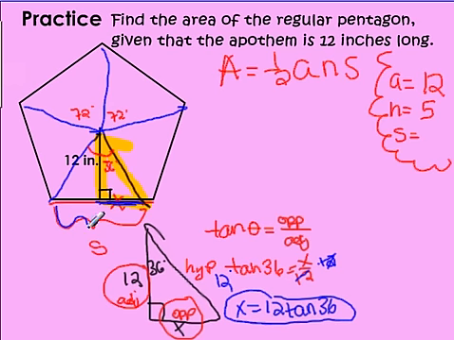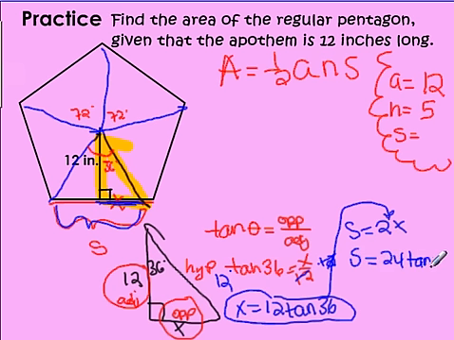If I want to find out what my side length is, we already said that our side length is equal to 2 times x, which means the side length that we're looking to find will be equal to 24 tangent 36. This is your exact measure for the side length, and it's best to use or to calculate the area of your polygons with the exact measures up until the very end so you can have a more precise calculation.